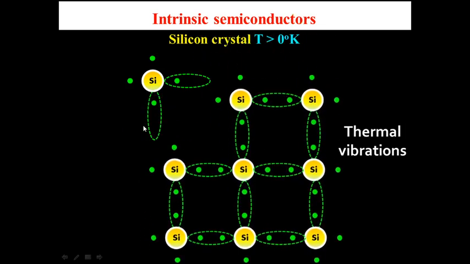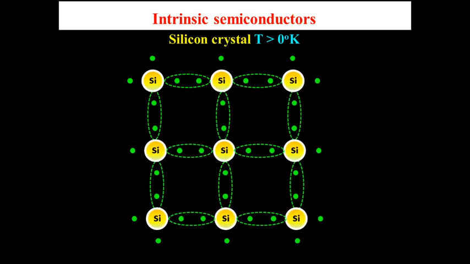The whole crystal is vibrating about the mean position, and because of that thermal vibration, that thermal energy, thermal energy will be taken by those electrons, and because of that covalent bonds get broken and the electrons are released from the covalent bond.